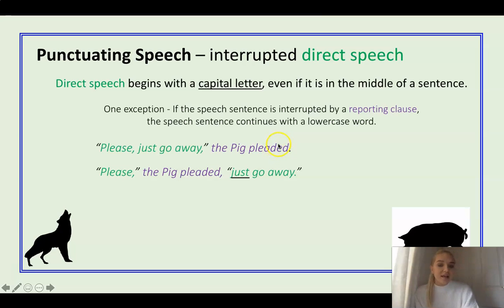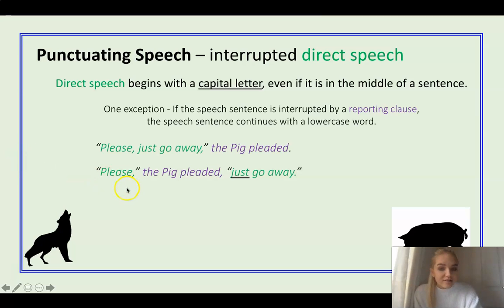Now you can see that this direct speech isn't continuing past the reported clause of the pig pleaded, so that's why we have a capital letter here. However, in the second example, the direct speech is broken up into two sections, where the same sentence is being spoken, which is, please, just go away, but the reported clause is now in the middle of our direct speech.